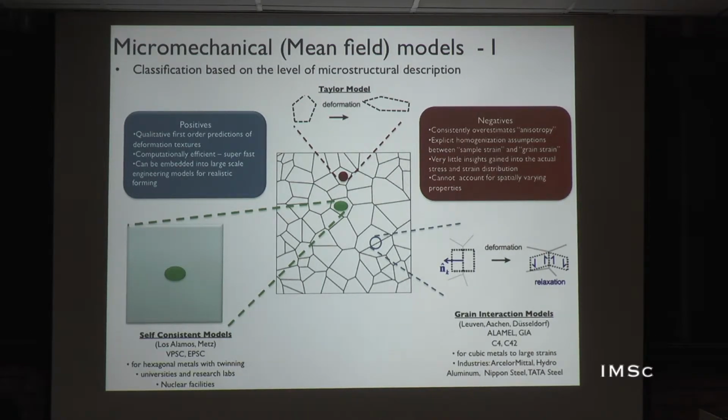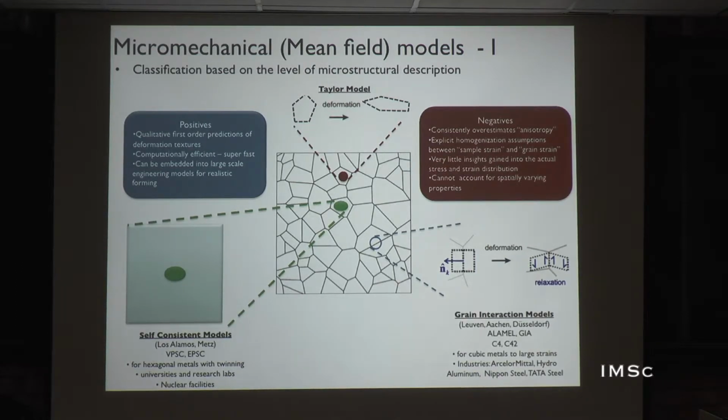Now, interestingly enough, while these do a good job of macroscopic predictions, there is very little insight that you gain about the material response itself, because you are ignoring the spatial continuity. So, if someone were to ask, given a material, where exactly would a crack nucleate? This model will not do that, because for that you need to know the spatially varying fields.